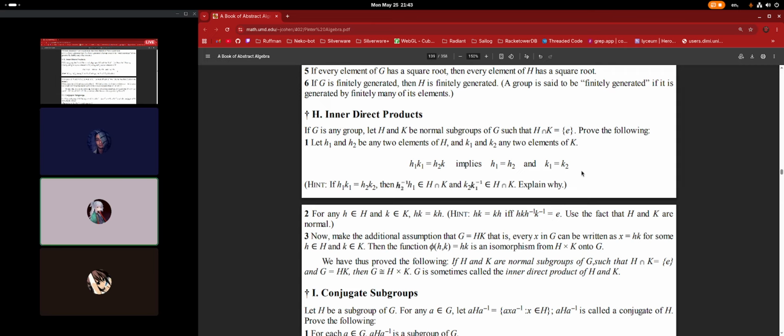So basically, because the elements of K are not in H, but they are in G, you can use, if you pick an element in H, which is a conjugate involving an element in K, you can do some tricks to commute the elements, basically.